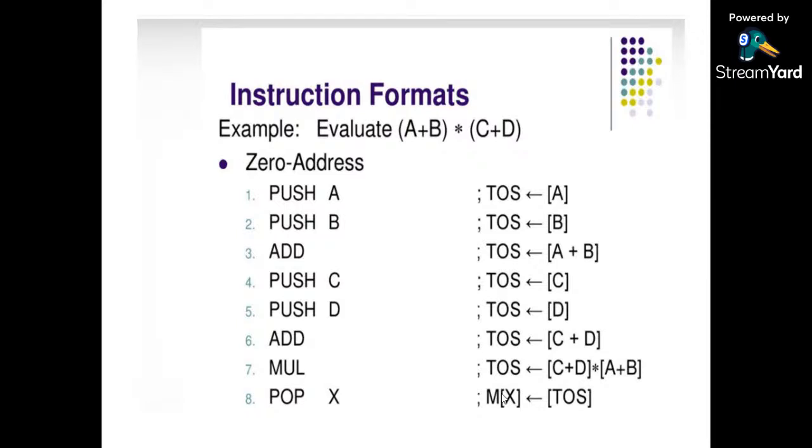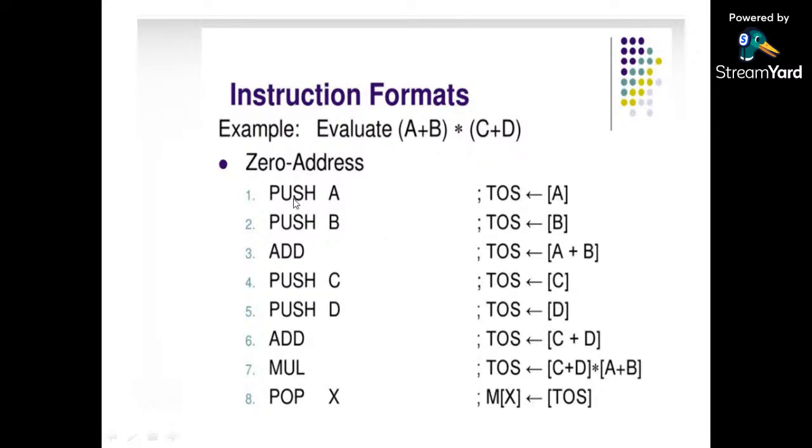Now how many steps or instructions do we need to write to do the same task? What is the task that we need to perform? We need to execute the equation A plus B multiplied by C plus D. Let us try to understand how it will be done by using zero address instruction format.